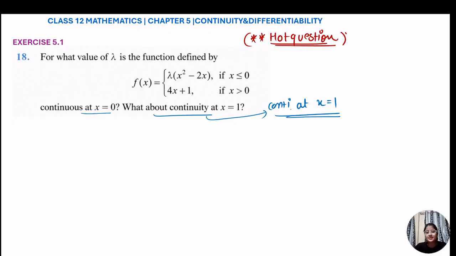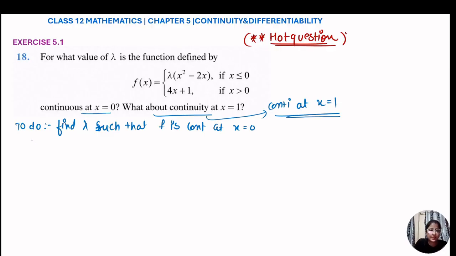Now, that was just diverting from the main question. But what is our main question? We have to find lambda for which the function is continuous at x equals 0. So let's begin with that. We have to find lambda such that f is continuous at x equals 0.